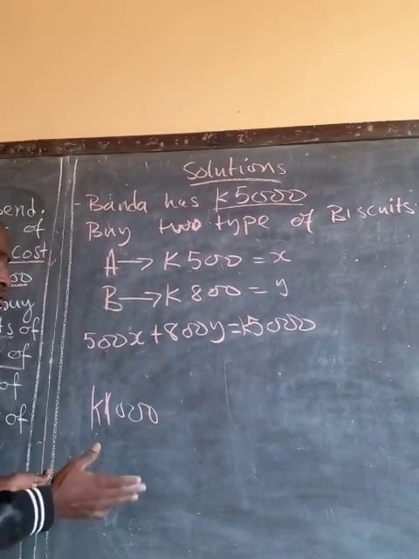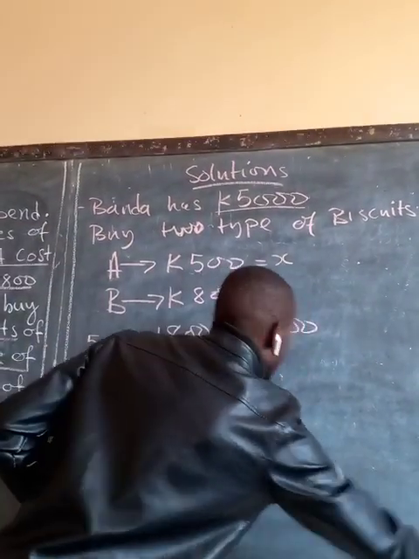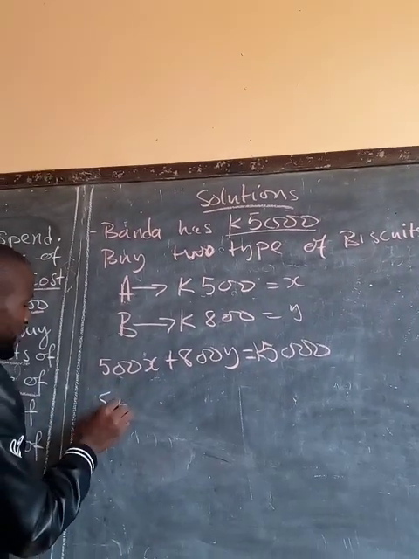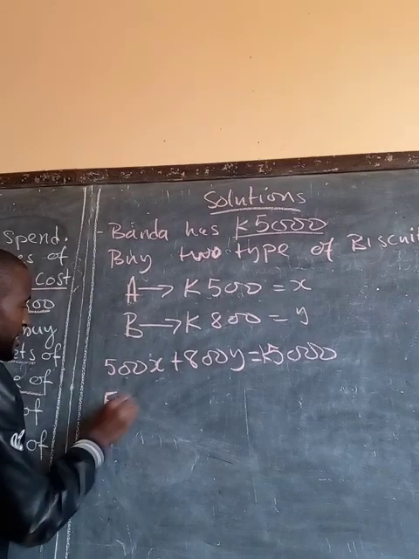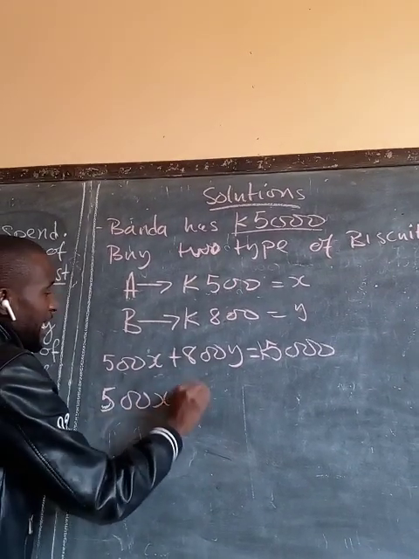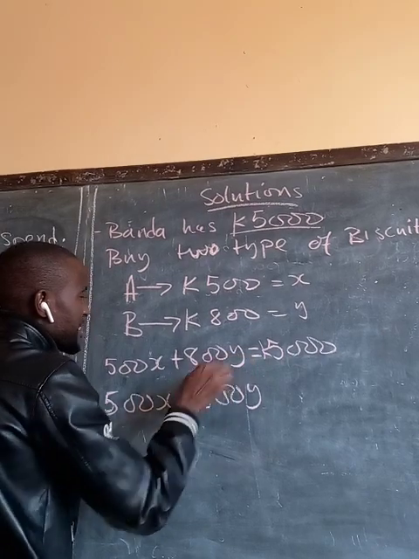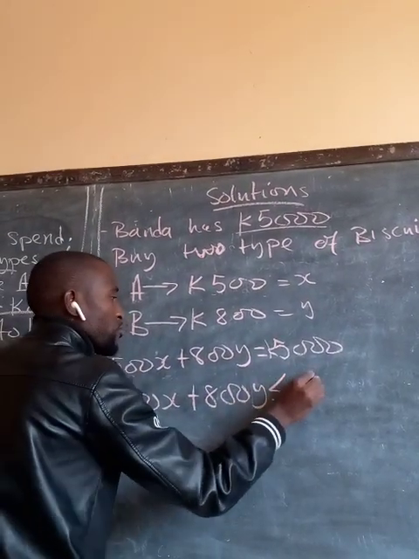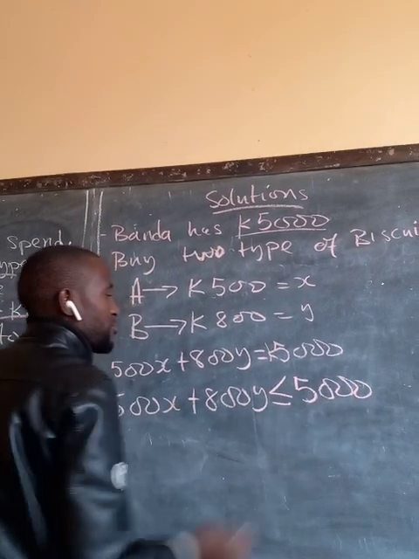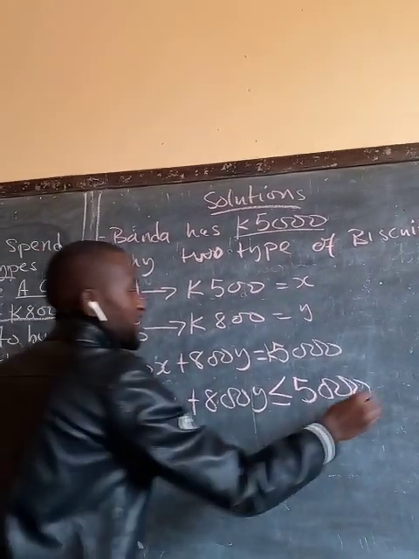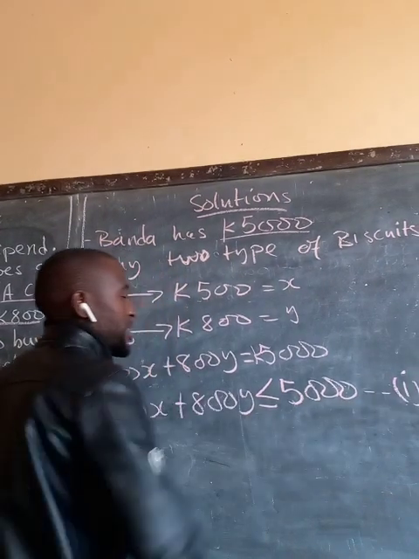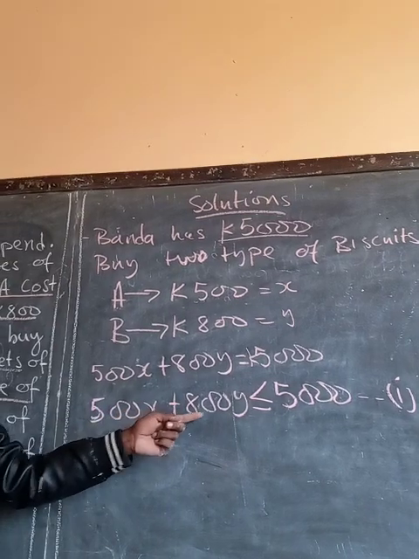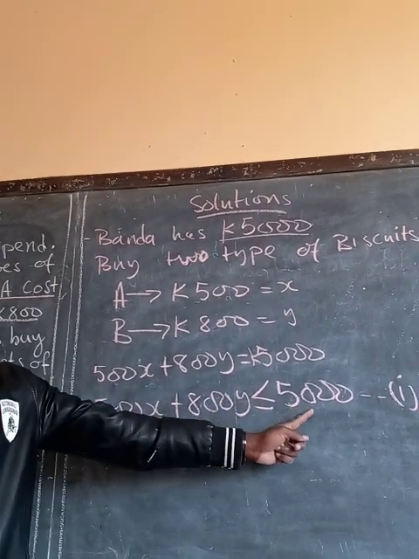The statement is very clear that this person will buy 500X plus 800Y. This amount should be less than or equal to 5,000. This is my first inequality already: 500X plus 800Y is less than or equal to 5,000 kwacha.